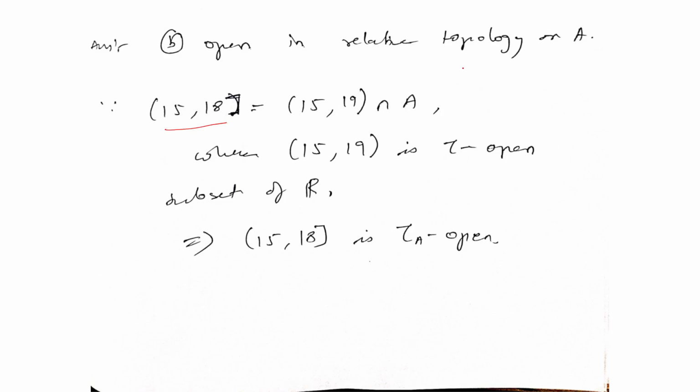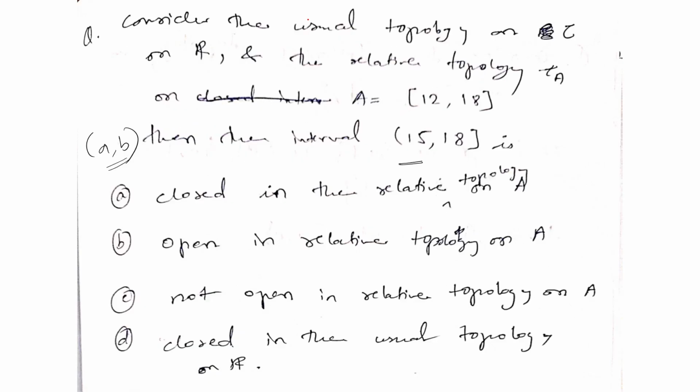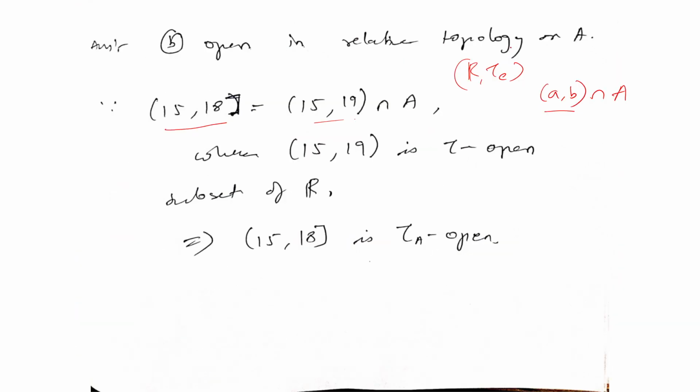In the usual topology on R, the open sets are open intervals A comma B. For finding the relative topology, you have to take the open interval and take its intersection with A. So you can consider any such open interval, say 15 comma 19, and take its intersection with A, which is the closed interval 12 to 18.